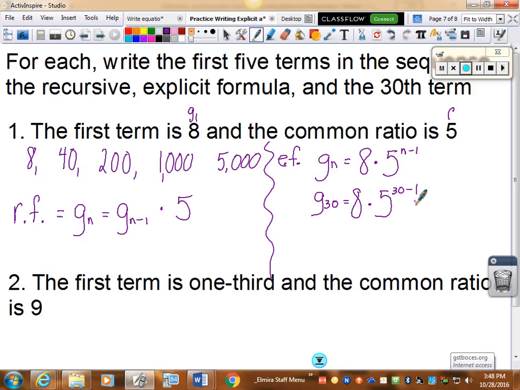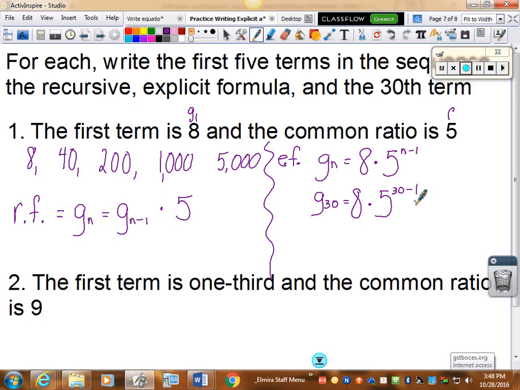Yeah, the calculator's angry. It said that, you know what, this number is too big and I'm going to give it to you in scientific notation. So if you were following along and punching things into your calculator, you're going to get 1.490116119, and then it says E21. That means that after the decimal point, there's 21 more place values. Big number.